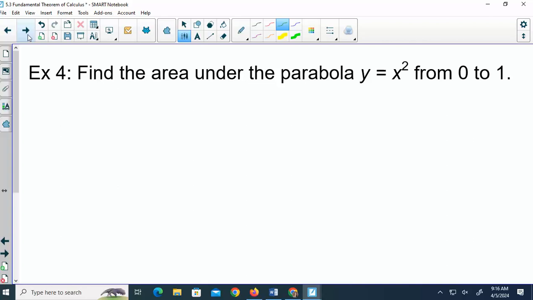So this one, if I want the area under a parabola, area under a curve is the same thing as asking you for what? The antiderivative of x squared from 0 to 1. So why don't you guys work that one out for me?